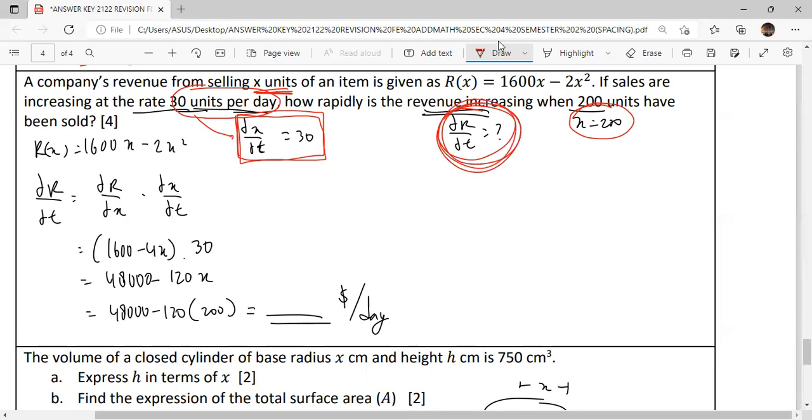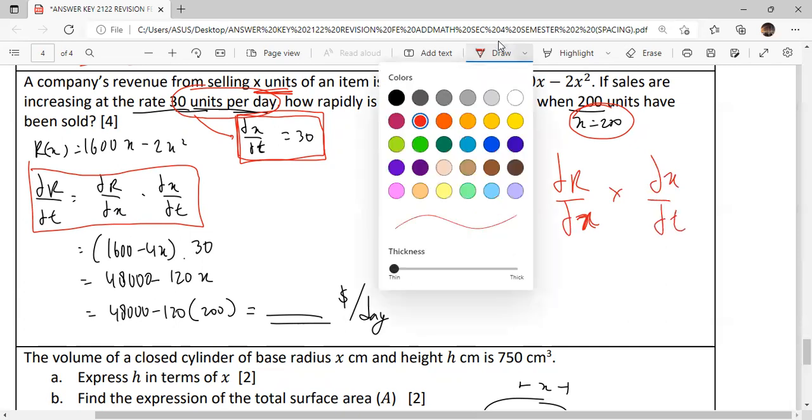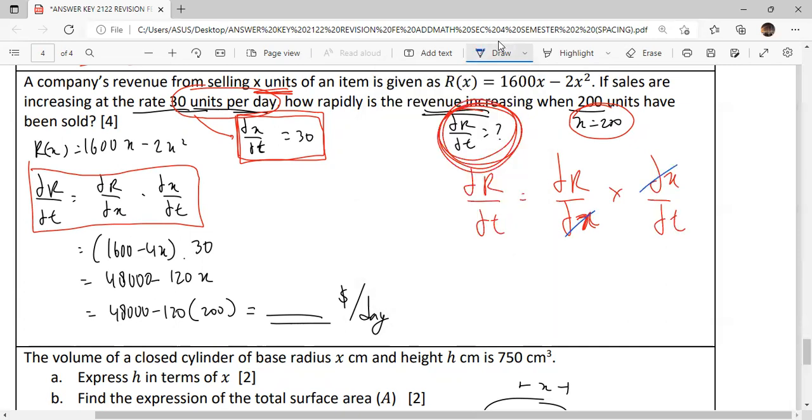Kita nggak punya dr over dt langsung, adanya dr over dx, soalnya ini X kan. Ya udah pakai chain rule, ini formulanya. So dr over dt, since we don't have the dr over dt, you have to find dr over dx first. You multiply by dx over dt supaya bisa dihilangin. Ingat ya, you can cross the dx, right?